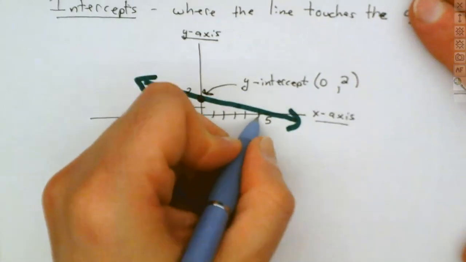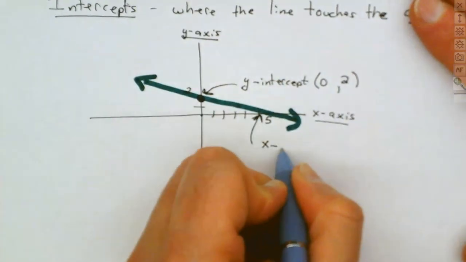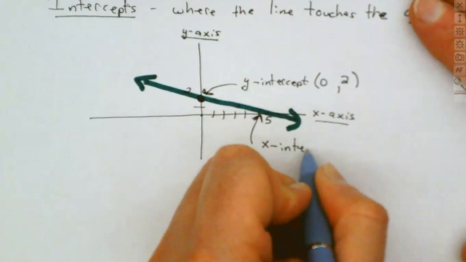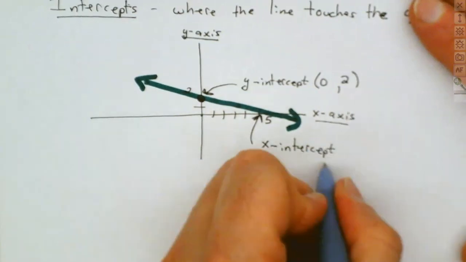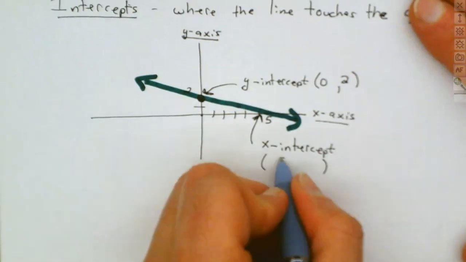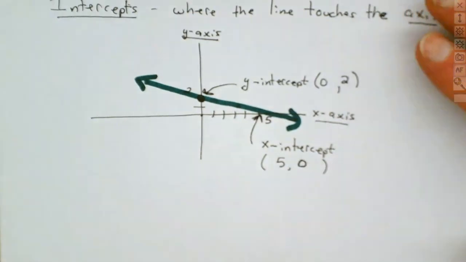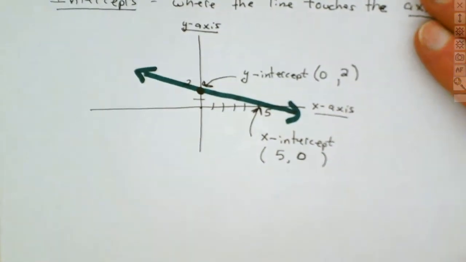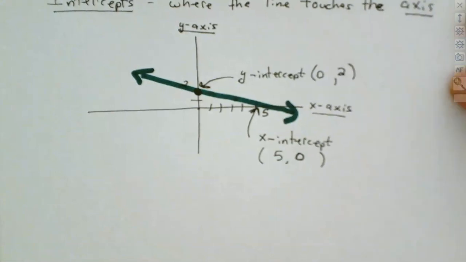We have where it crosses the x-axis, and that is your x-intercept. As an ordered pair, it would be moving over 5, and we didn't move up or down any. So it's at 5, 0. In this case, it has both an x-intercept and a y-intercept, and that is visually what it looks like.